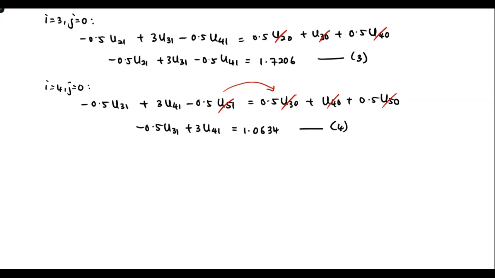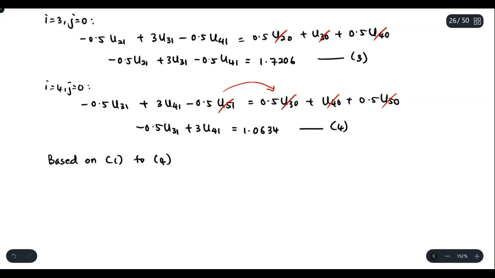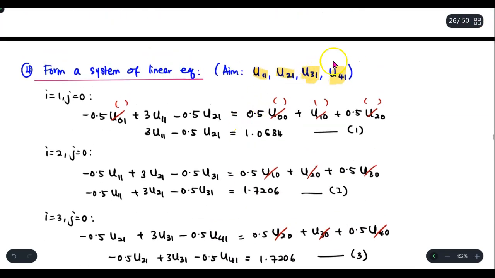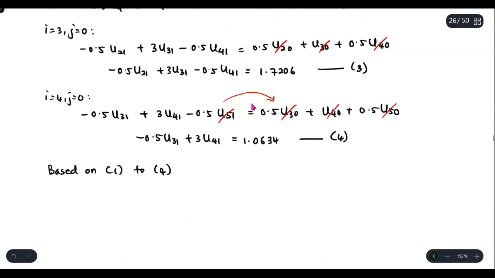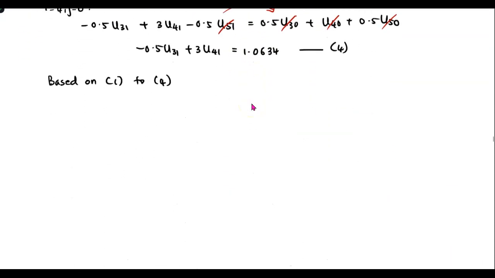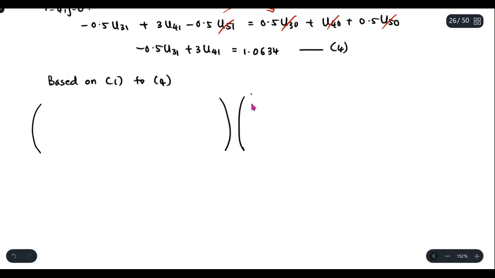So where is the linear system then? Based on equation 1 to 4, the unknowns that you have are basically these 4. So you can write in terms of matrix. If you take out your unknowns, start with u11 just now, and then you have u21, and then you go to u31 and u41.